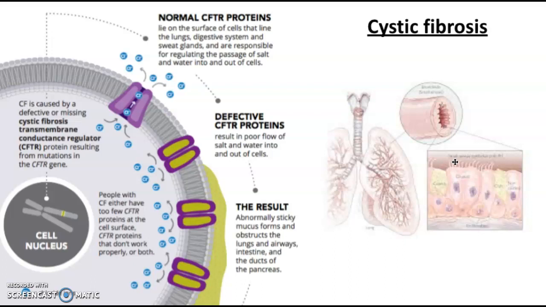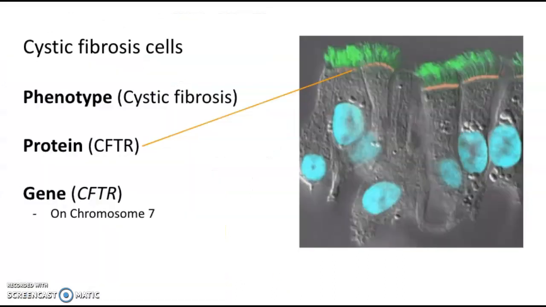What's going wrong with this disease is they get a really thick mucus buildup because this protein isn't working. And when there's that really thick mucus buildup, you can get bacterial infections, and then people can pass away because of this disease.